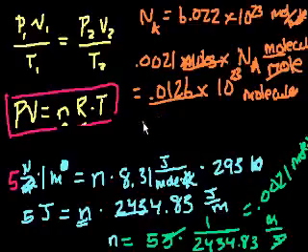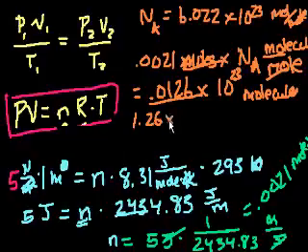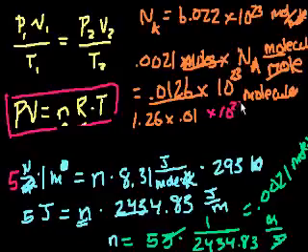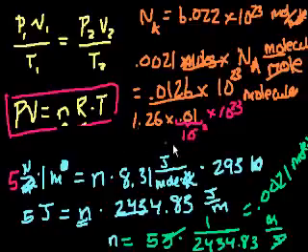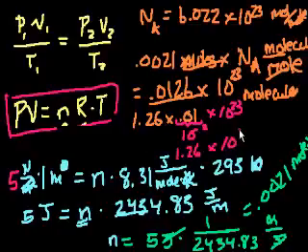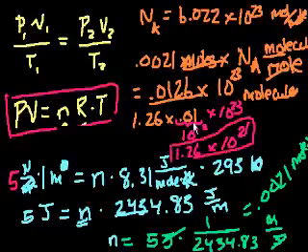That's the same thing as 1.26 times 0.01, and then of course times 10 to the 23. And what's 0.01? That's 10 to the negative 2, right? 10 to the negative 1 is 0.1, so this is 10 to the negative 2. So then we get 1.26 times 10 to the negative 2 times 10 to the 23, we add the exponents, 10 to the 21st power. So roughly 1, 2, 6, and then another 19 zeros, or roughly 1 followed by 21 zeros, is how many molecules of, in this case, helium we had in the balloon.